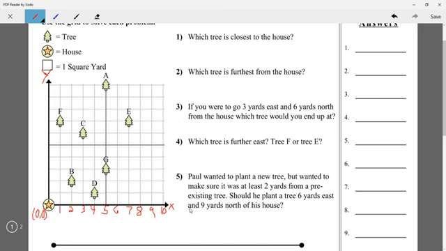If the grid was bigger, it could go 11, 12, etc., and then it's the same thing on the y-axis. Okay? Six, 7, 8, 9, 10. Okay?